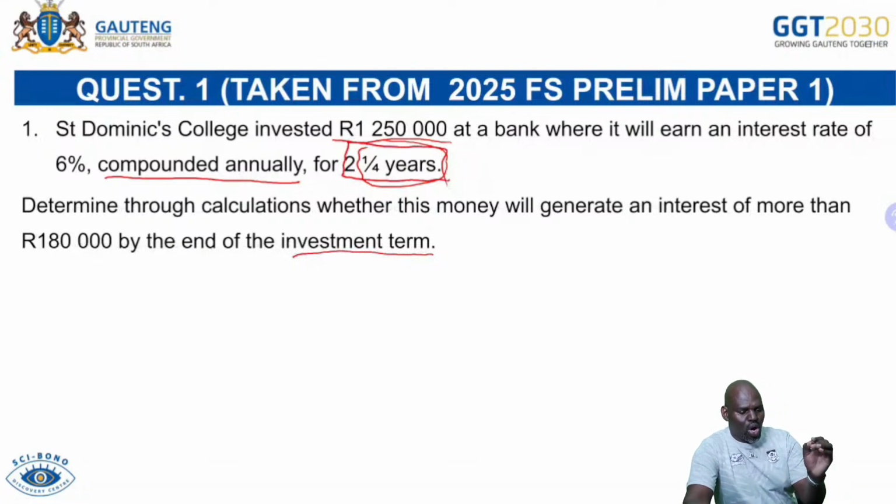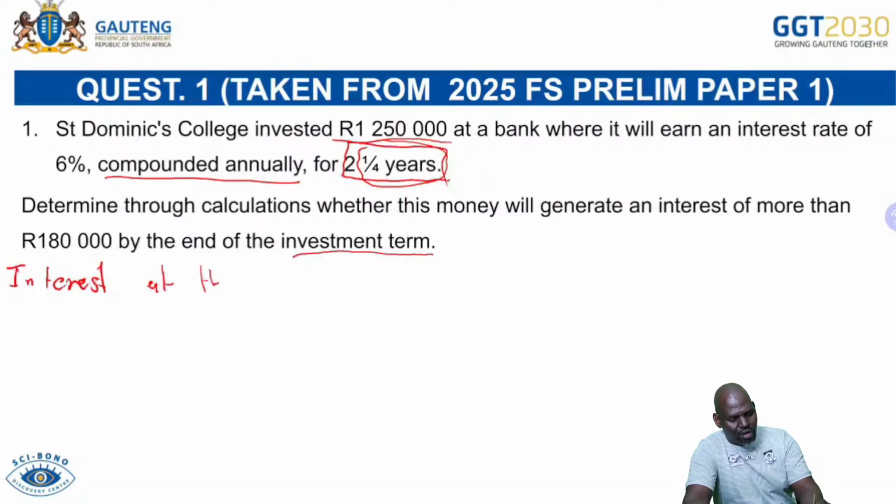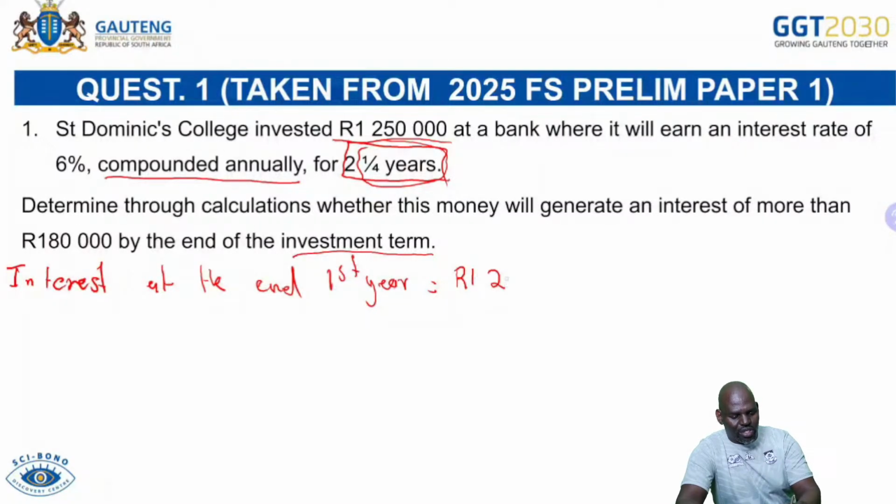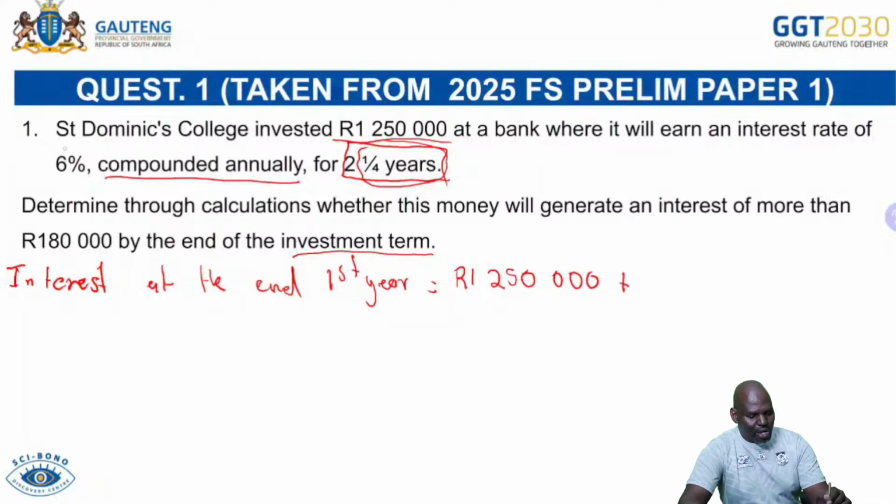So what we're going to do, we're first going to calculate the interest at the end of the first year. Now we have to check what our interest rate is.